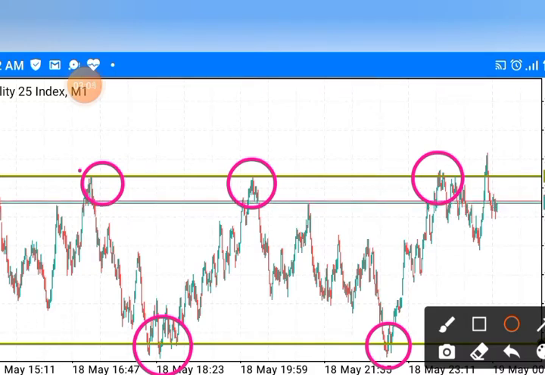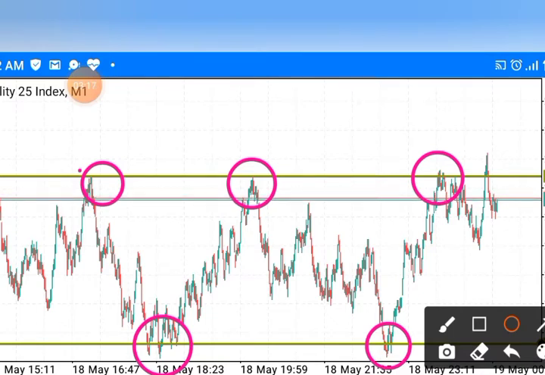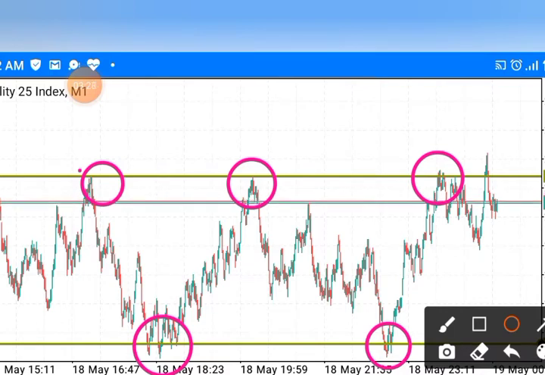Do you see that? So what are you going to do since you've been able to identify your place of support and resistance? So in this strategy, we're going to buy support and sell resistance. Okay, guys, and we're not just going to do it ordinarily. It's not that when you see a support you buy, when you see a resistance you sell. No, there are things that you're going to do. There are things that you're going to note to be sure that truly it is going to reverse.